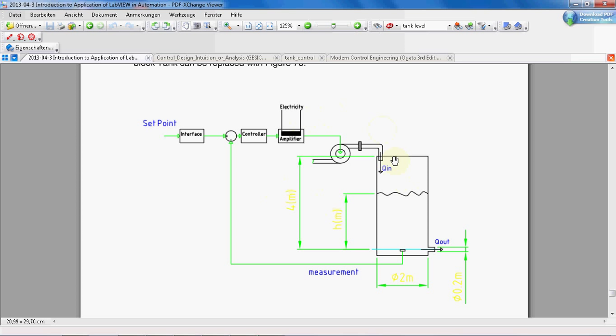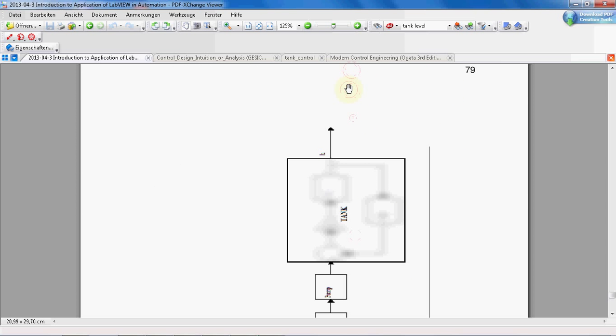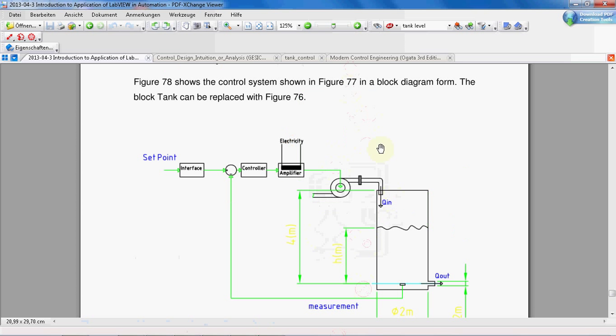It means at this level, the tank is always emptying by 1 cubic meter per second. Okay, I think there is no need for more explanation. I think I made my point here. Therefore, our pump's maximum capacity should be higher than the maximum Q out.